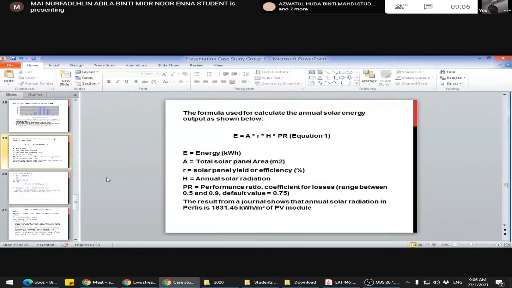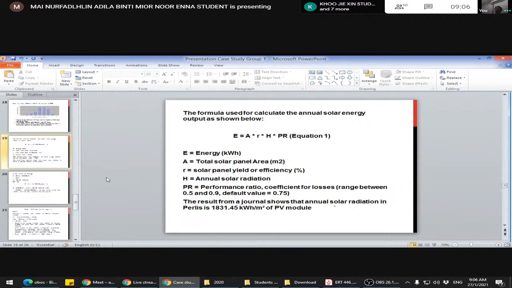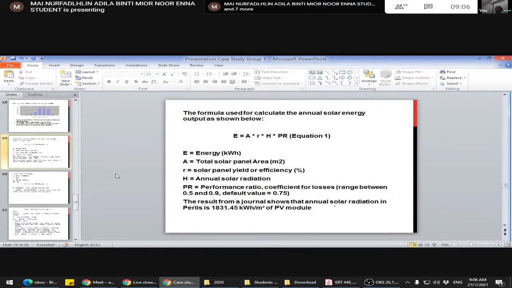We make sure the total solar panel area in the location block, and we calculate the solar panel yield or efficiency in the total area.